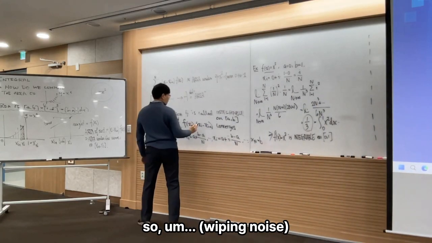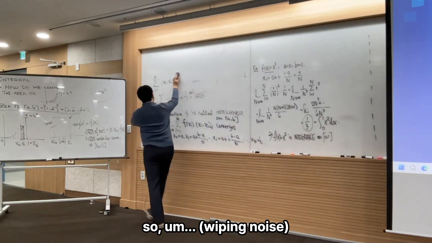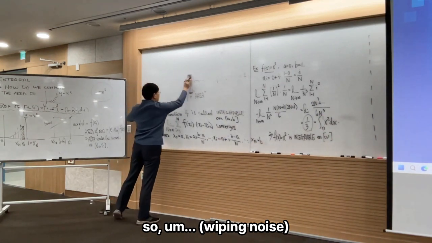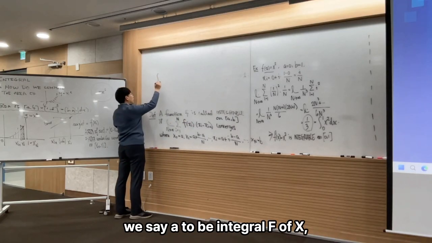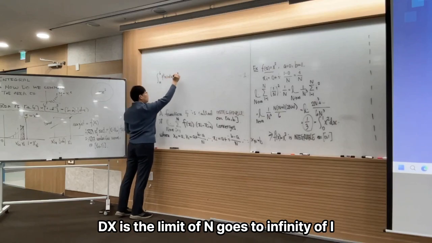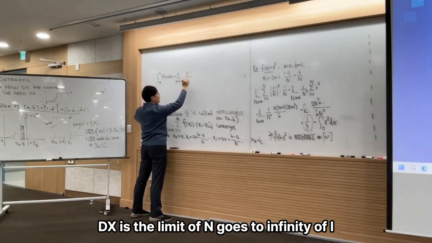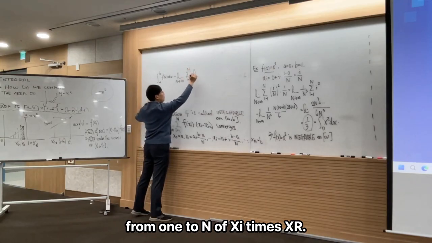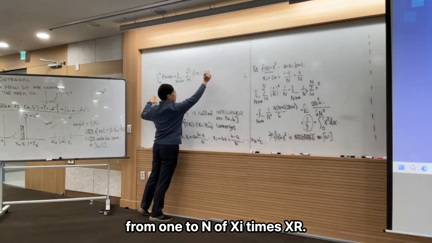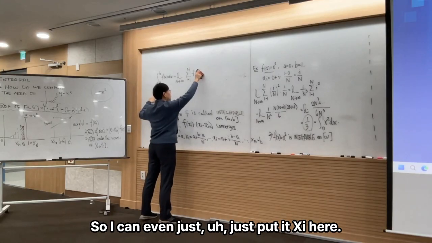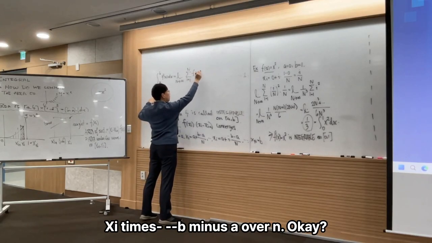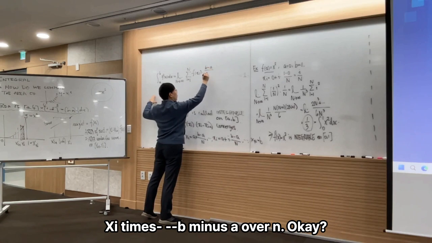So if it's integrable, we say the integral from a to b of f(x) dx is the limit as n goes to infinity of the sum from i equals 1 to n of f(xi) times b minus a over n.